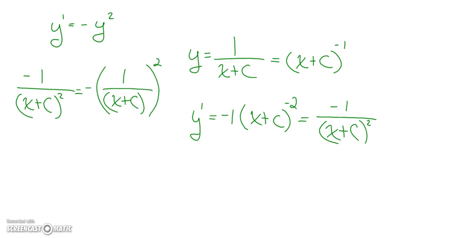That's substituting in y prime and y into the function. And then this one's more straightforward. You don't really change this side here. If you square both top and bottom, negative 1 over x plus c squared equals negative 1 over x plus c squared.